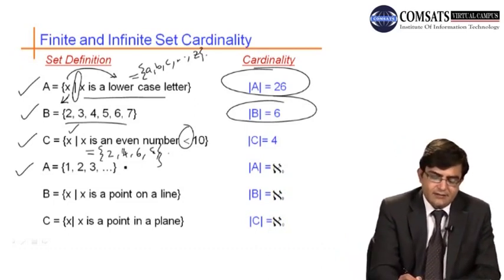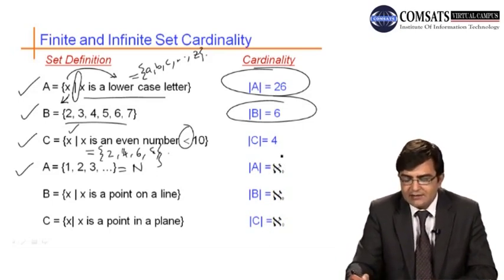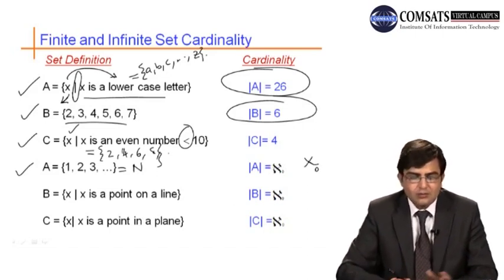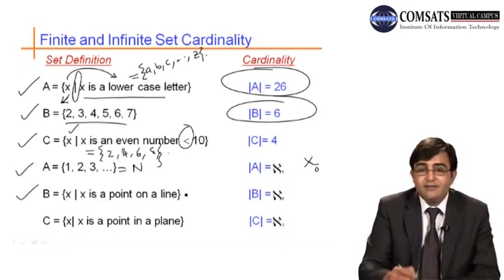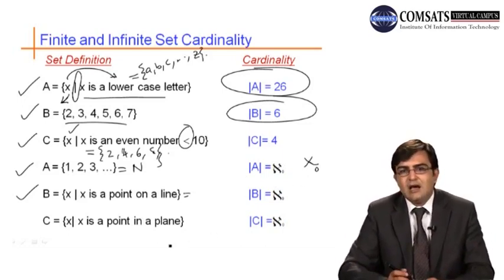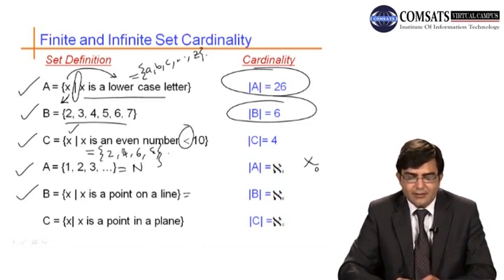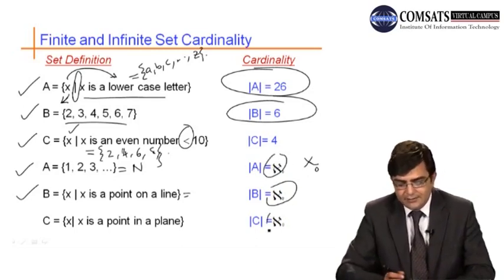This is basically the set of natural numbers, and for the time being you remember that the cardinality of the set of natural numbers is denoted by this symbol. Similarly, set B, x such that x is a point on a line, is also an infinite set, and its cardinality is also denoted by this symbol, and similarly for this set and this set.